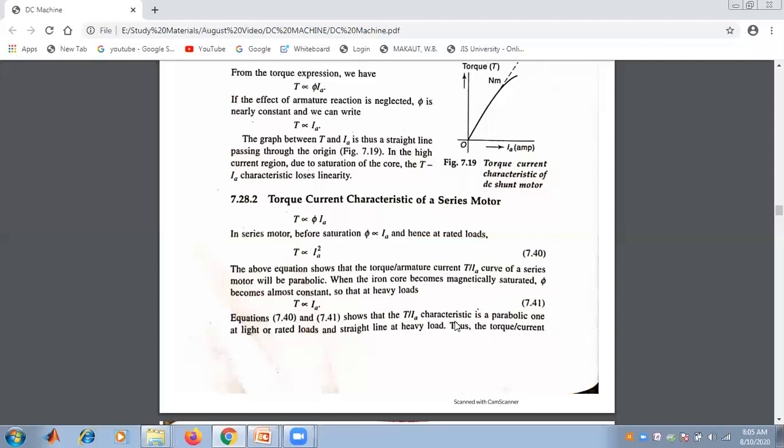Now when the iron core gets magnetically saturated, phi becomes almost constant and the torque becomes proportional to Ia, that is linear. Both equations show that the torque versus armature current characteristic is parabolic at light or rated loads and a straight line for heavy loads.